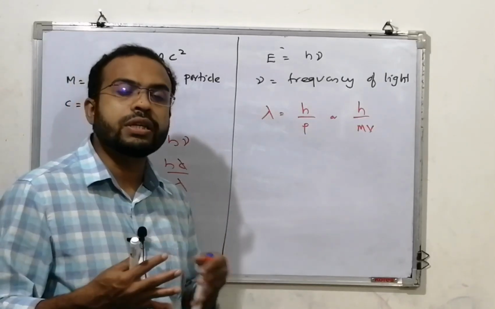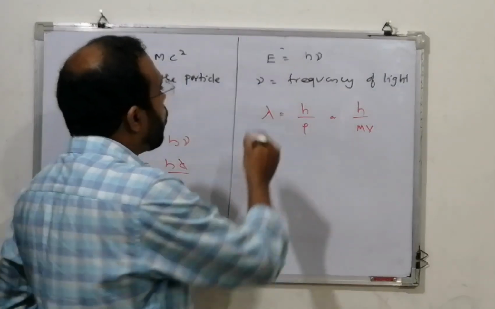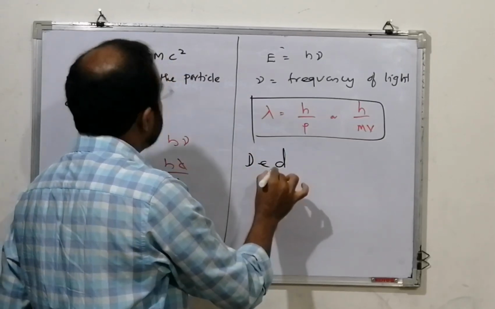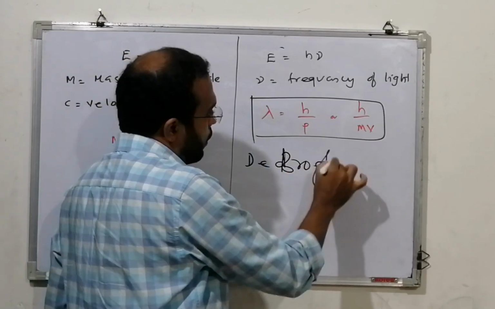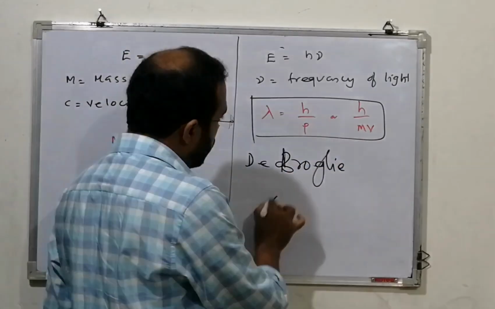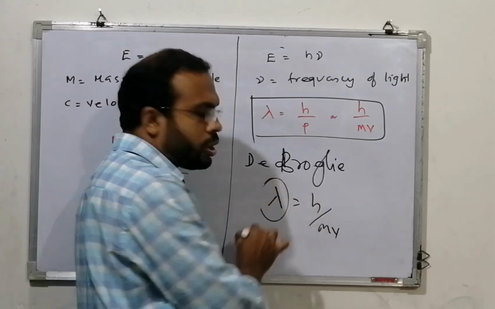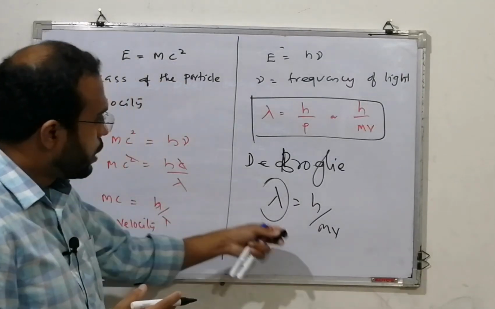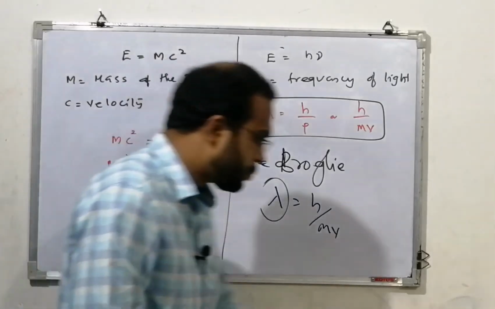Therefore, this is the De Broglie equation: lambda is equal to h by mv. Lambda is the wavelength associated with a moving particle, h is Planck's constant, m is the mass of that particle, and v is the velocity of the particle.